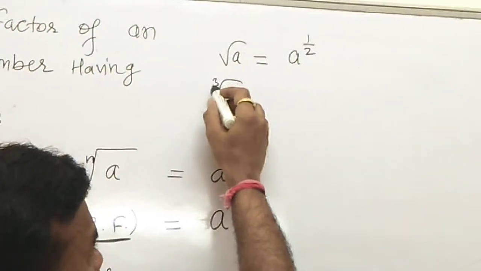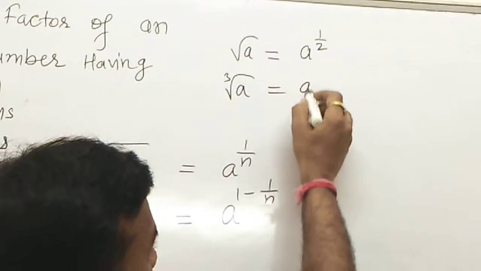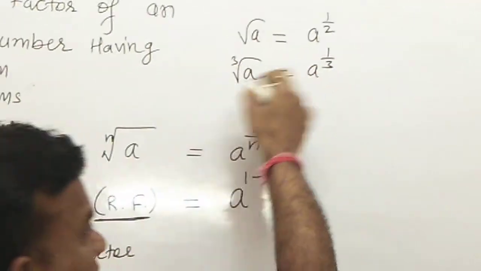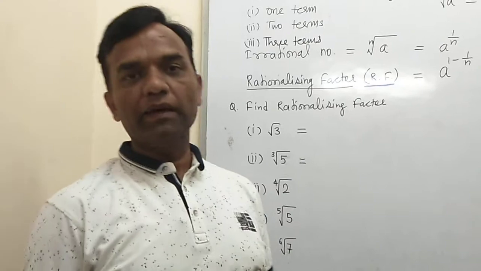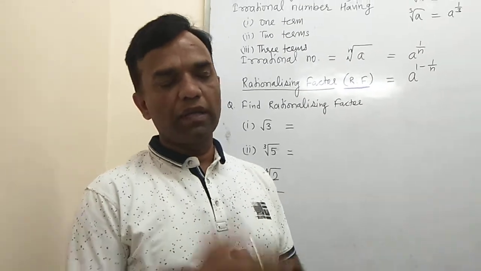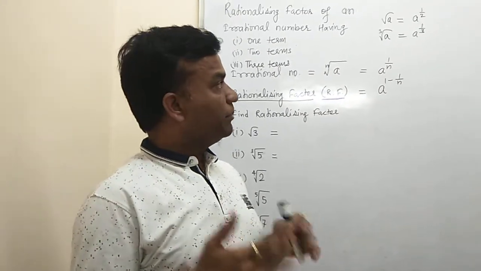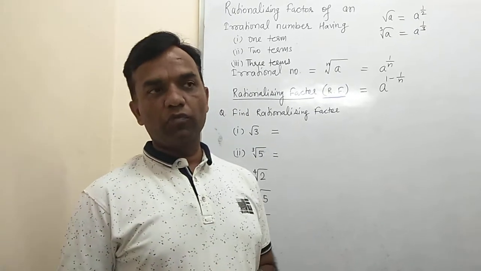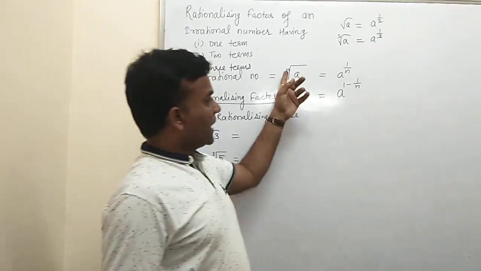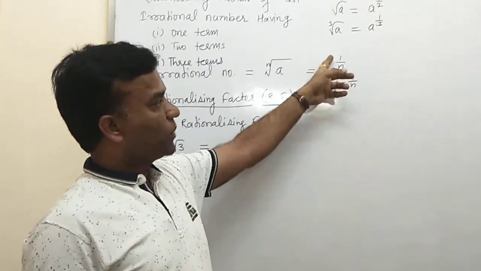Similarly, cube root of a is a to the power 1 by 3, and so on. Depending on the root's power, 3, 4, 5, maybe any power, you convert it into exponential form. Now we consider the nth root, then you write a to the power 1 by n.